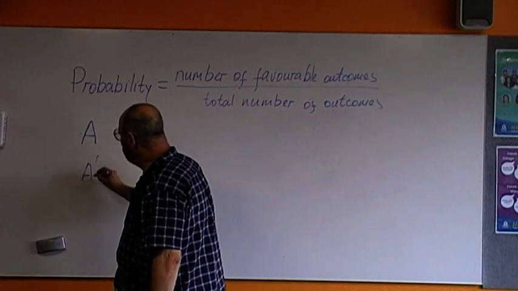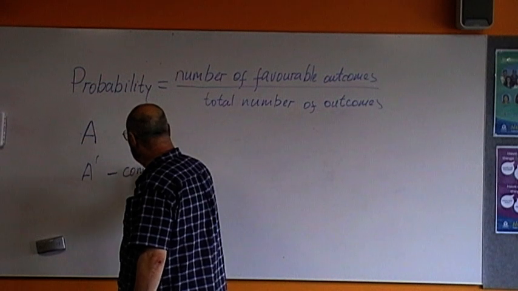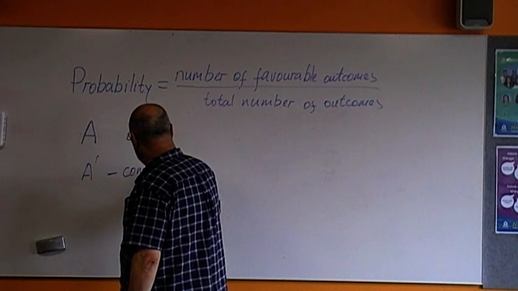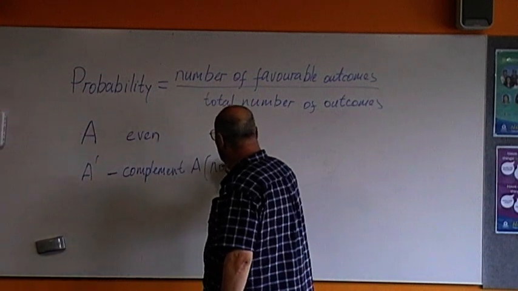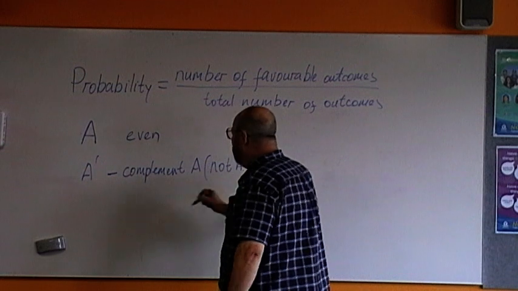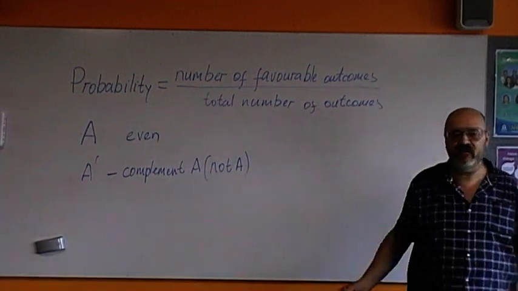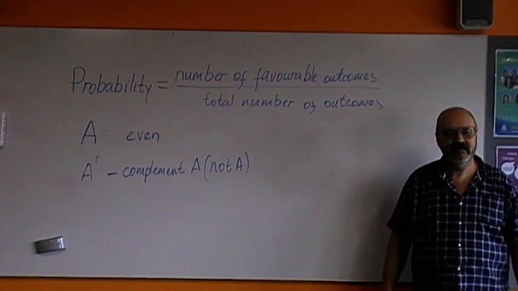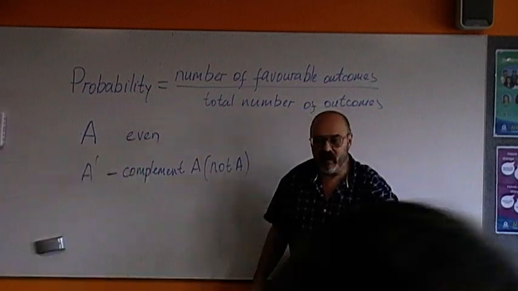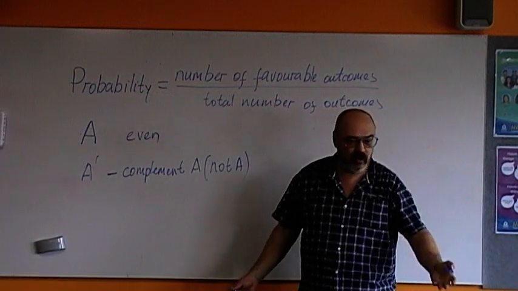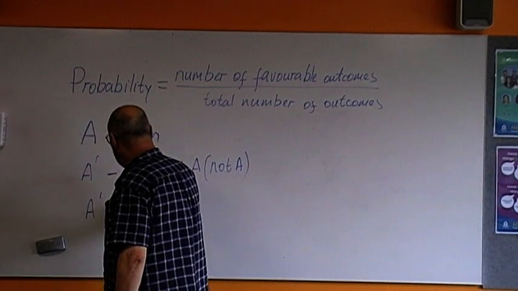Then A dash, we call it the complement of A. What will be the complement of A if you roll a die? Our A is getting an even number. Not even will be odd. So A dash will be odd.